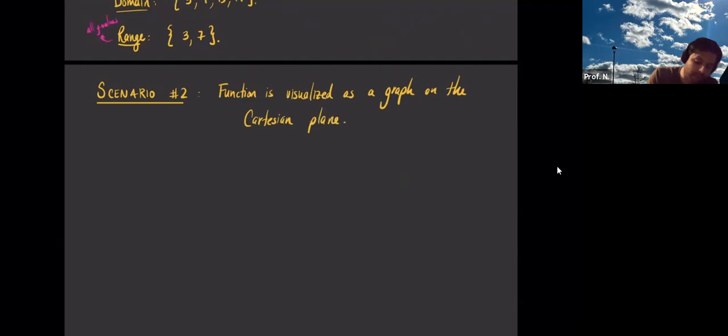Now, what if I have a function like this? What if I'm given a graph and I have to figure out my domain and range? So what if I have something like this?